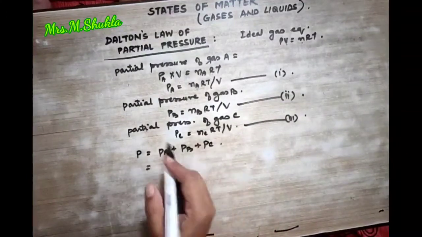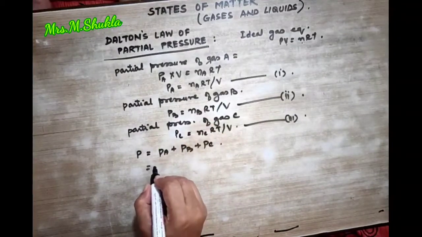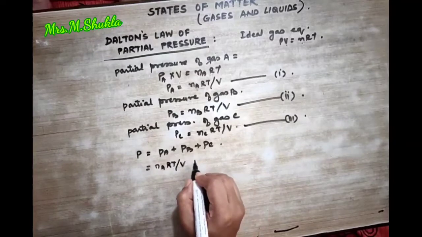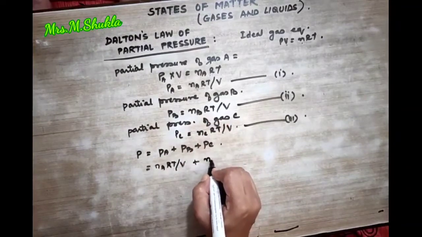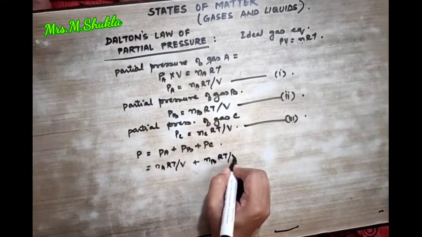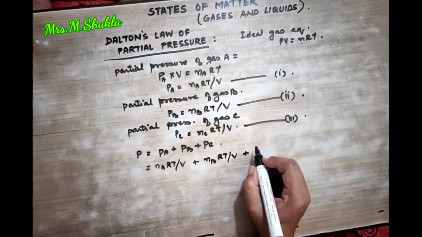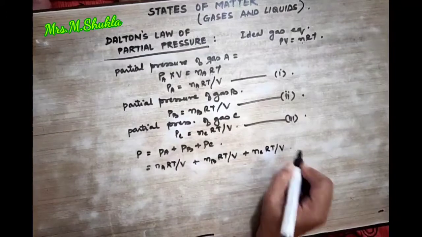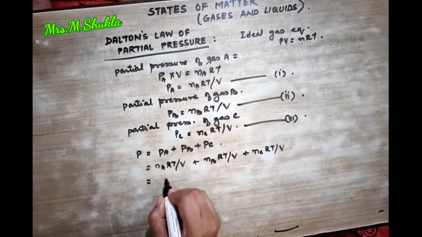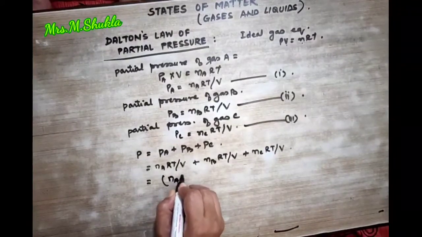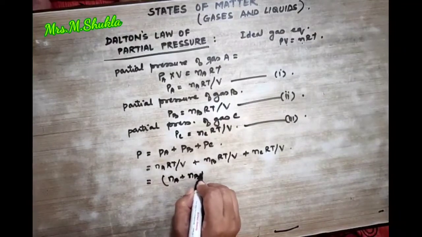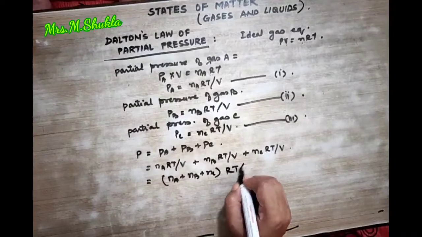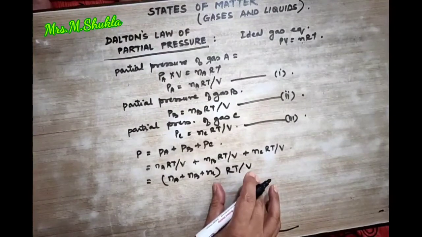So this will be equal to what? What is PA written as? It is written as nART by V plus what is PB? nBRT by V plus PC, nCRT by V. So this will be equal to what? nA plus nB plus nC, this RT upon V, because RT upon V becomes common.